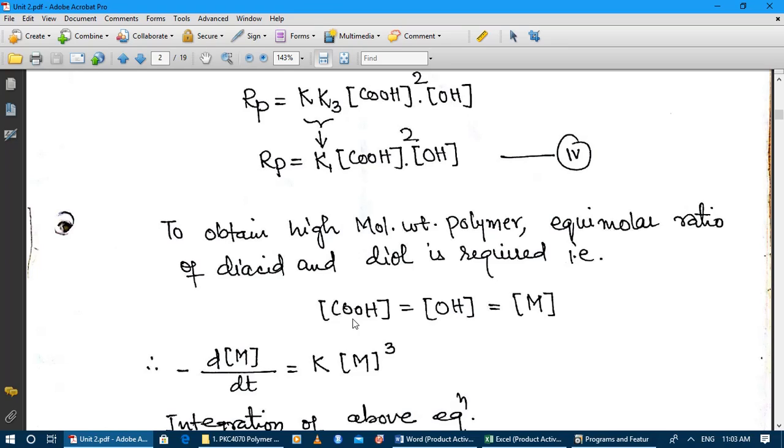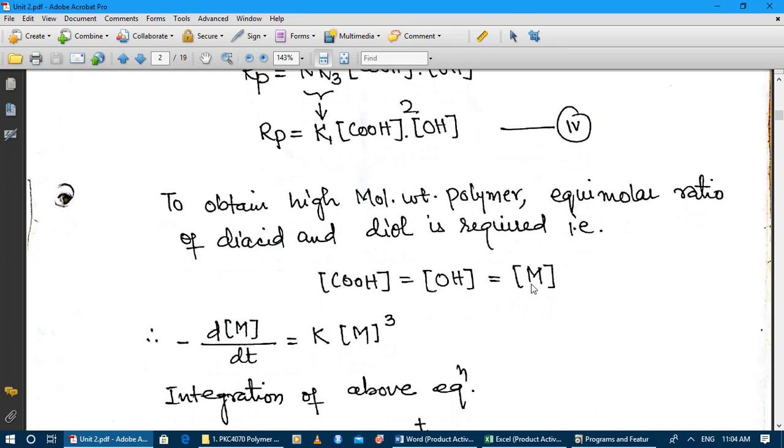The reactants or the monomers are taken in equimolar ratio. So symbolically we can say that the concentration of the carboxylic acid is equal to the concentration of the hydroxyl group, and we can represent them as capital M, where M stands for monomer.